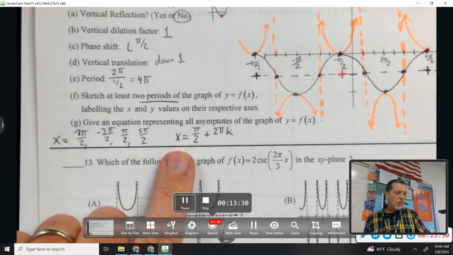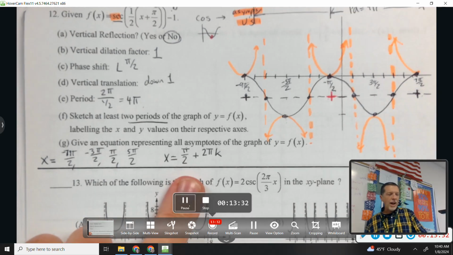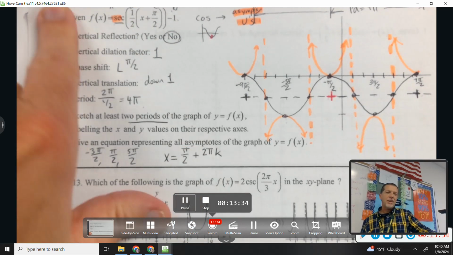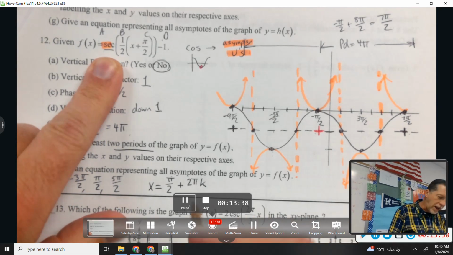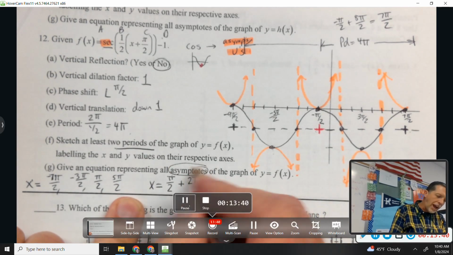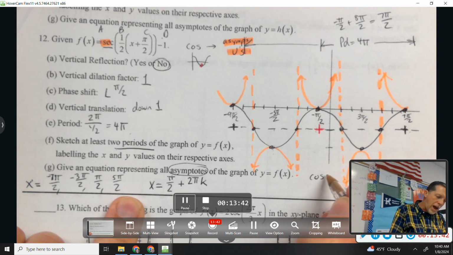Let me show you how I work this problem, because there's one on the test like this. I did the test last night, and I did it this way. My thought was the asymptotes happen where the cosine is equal to 0.